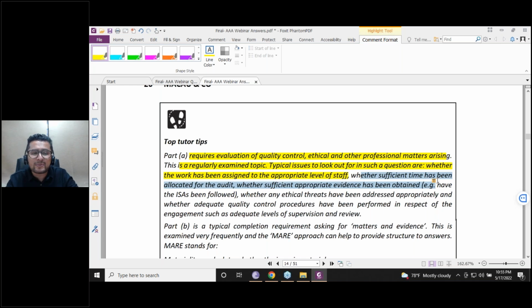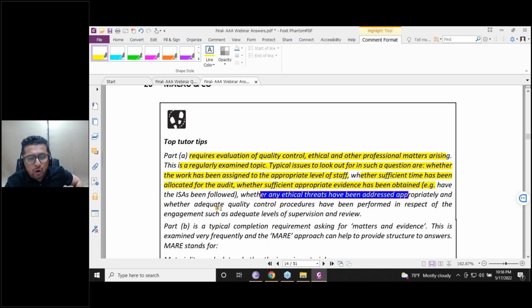No, the junior just made the comment in the question called Retriever that the audit was time pressured. Whether sufficient appropriate audit evidence has been obtained. Not really, because they are deviating from the statistical sampling technique. Whether any ethical threats have been addressed? Yes, there are ethical threats, because if I'm going to prepare the financial statement such as deferred tax, that would lead to self-review threat. If I'm going to come up with tax planning, that would create self-review threat.